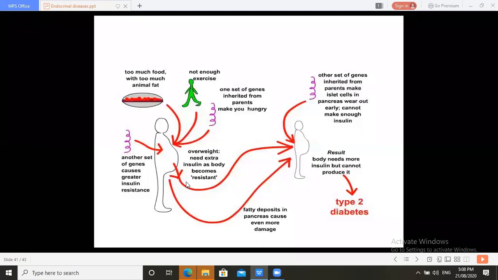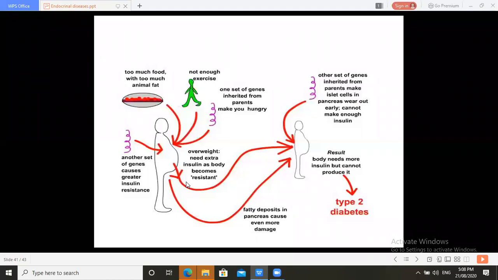For type 2 diabetes mellitus, the age group is middle-aged persons. But for type 1 diabetes mellitus, the age group is somewhat younger. In both of these, polyuria, polydipsia, polyphagia are seen.